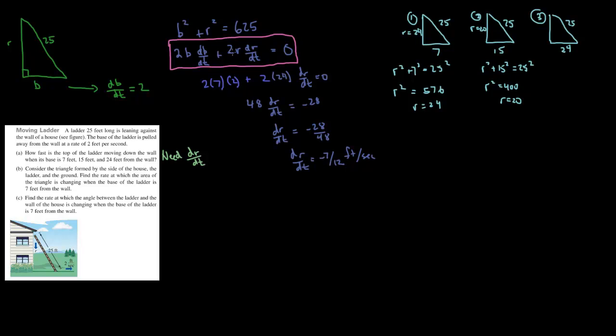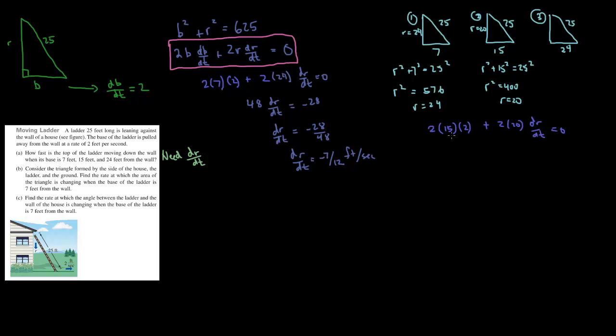So we go back to that step again, and we say 2 times b, which in this case is 15, times db/dt, the change in the base of that triangle, which is 2, plus 2 times r, which we said was 20, times dr/dt, equals 0.